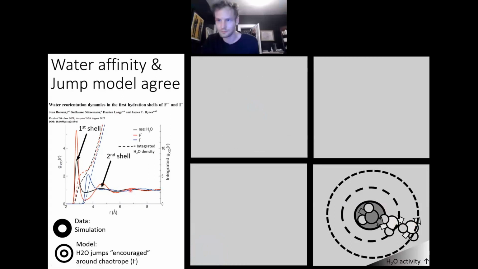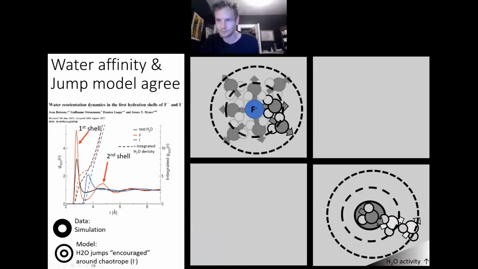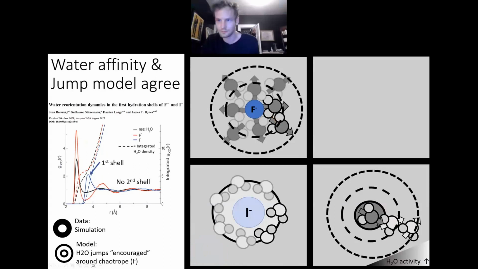It kind of becomes noise. Fluoride is different in that it has a really strong first shell and then a really strong second shell as well. But when they look at iodide, there's a strong first shell, but there's no real peak for the second shell. So iodide doesn't coordinate as many waters as fluoride does around itself.